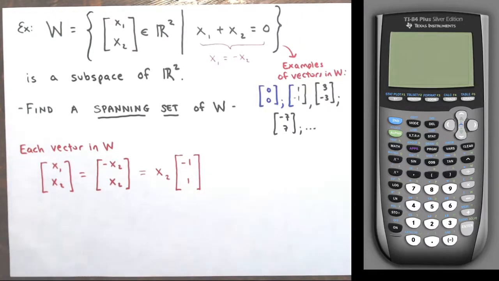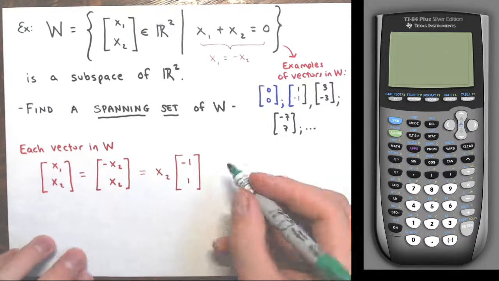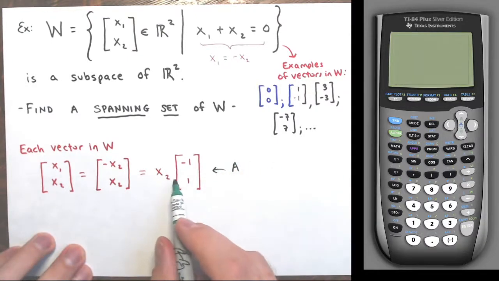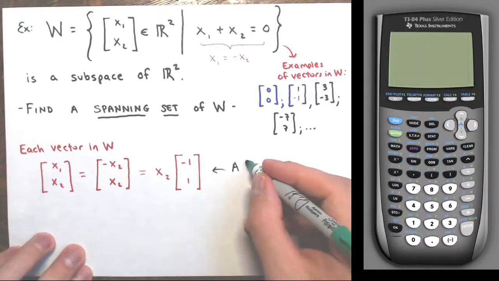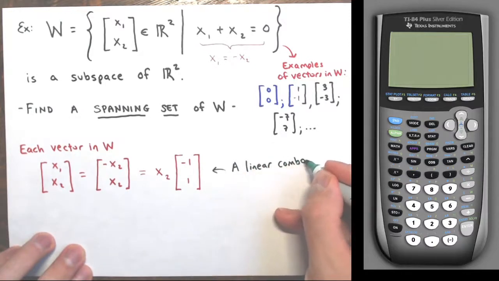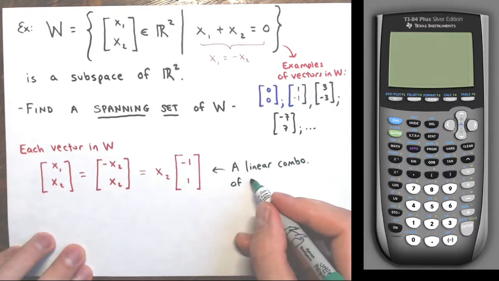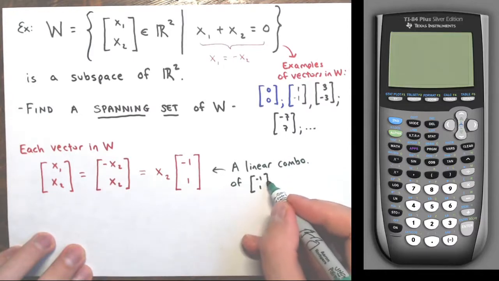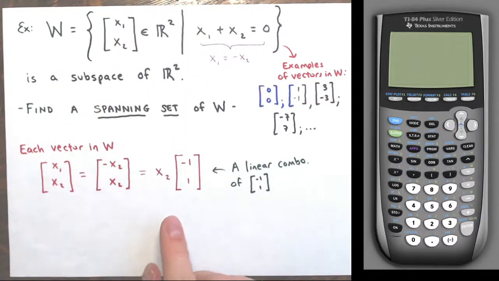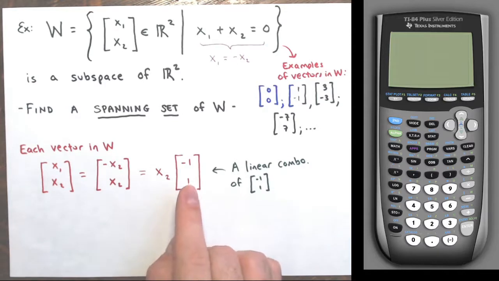All right, so can you see how every vector in W is a linear combination, or just a scalar multiple because it's only one vector, but I keep writing linear combo, of the vector negative 1, 1? Every vector in W is like this.